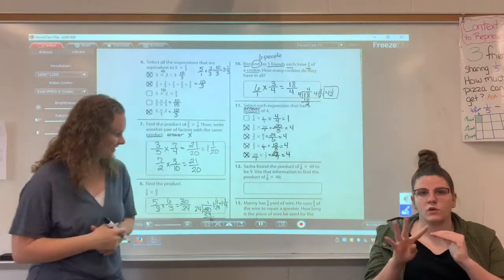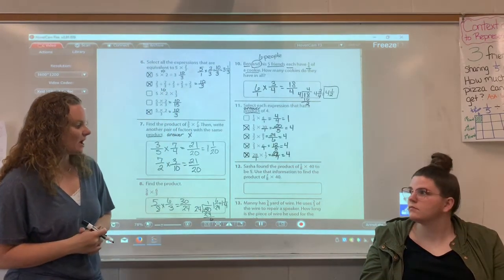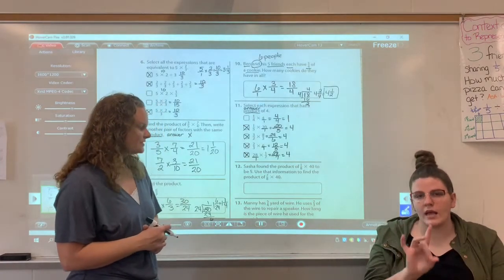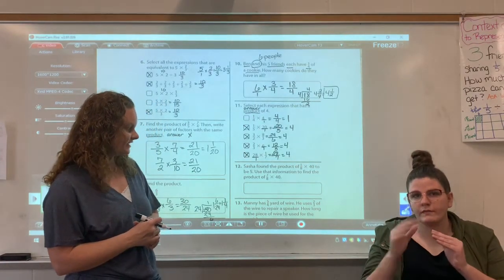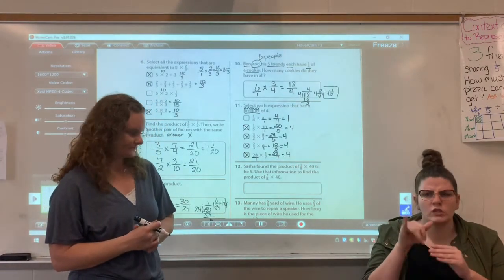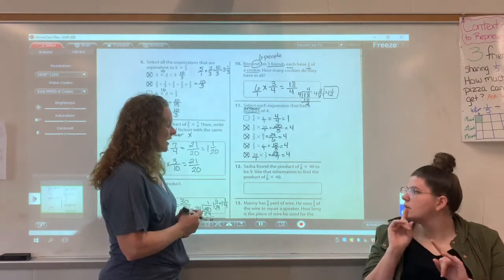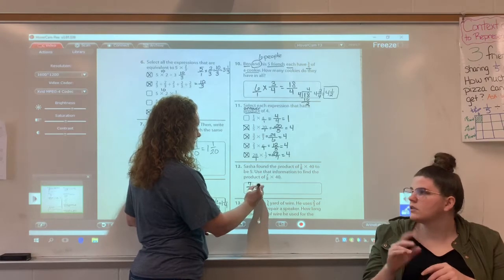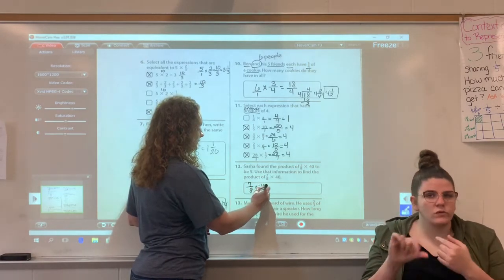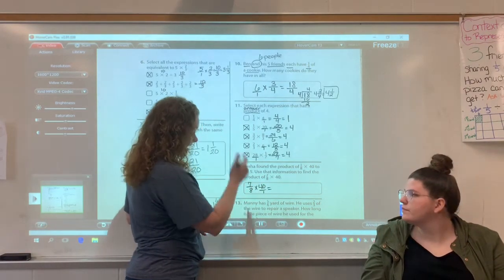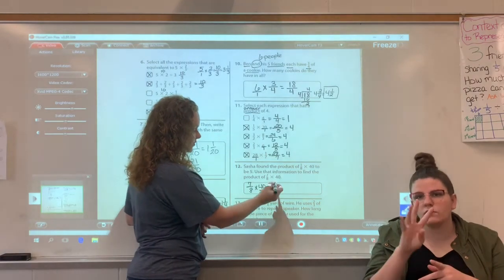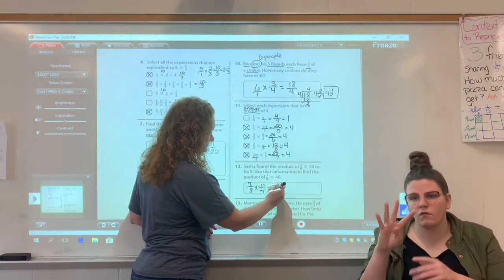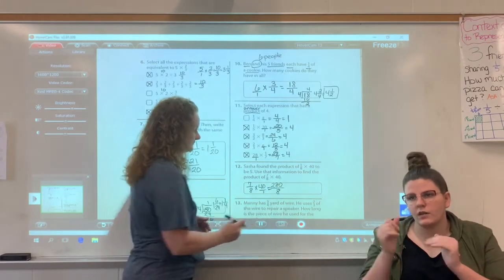Wow. Okay. Sasha found the product of 1/8 times 40 to be 5. Use that information to find the product of 7/8 times 40. All right. Well, let's figure out what 7/8 times 40 is and see how that correlates to the other one. 7 times 40 would be 7 times 4, which is 28 with a 0, over 8.